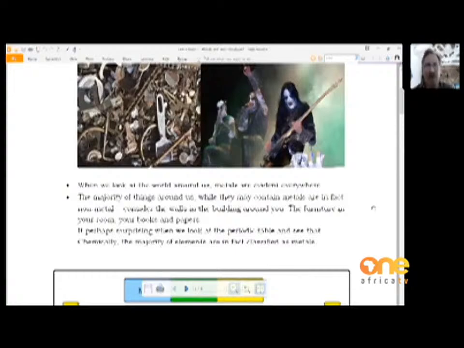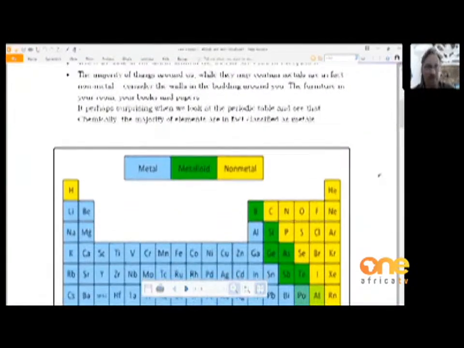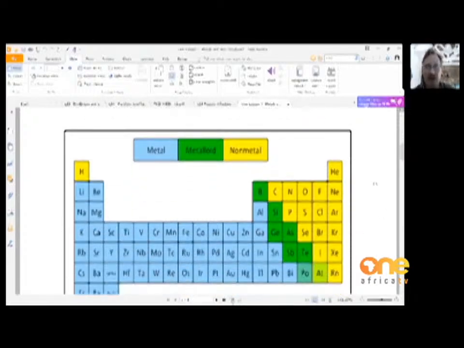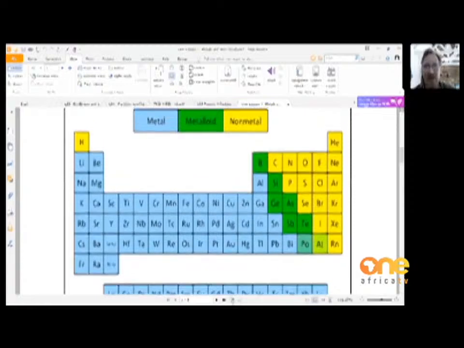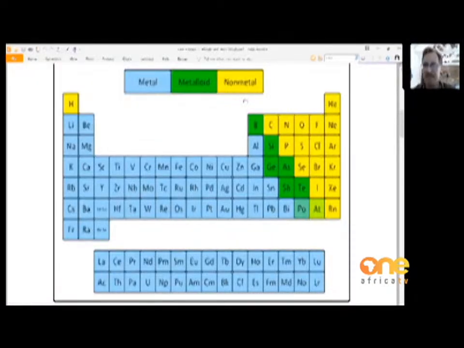So it's surprising when you look at the periodic table that you see that so many of the elements are in fact metallic. And this is a fairly regular view of the periodic table.